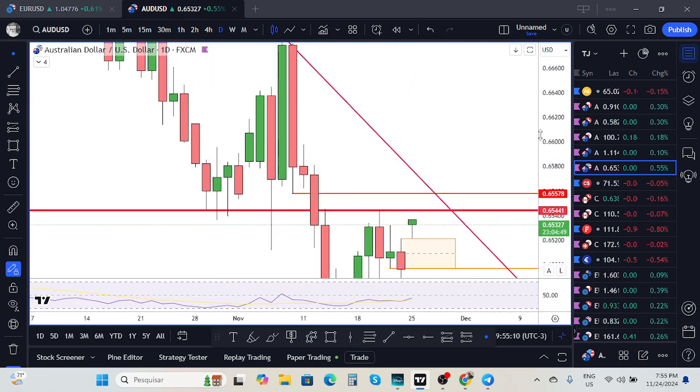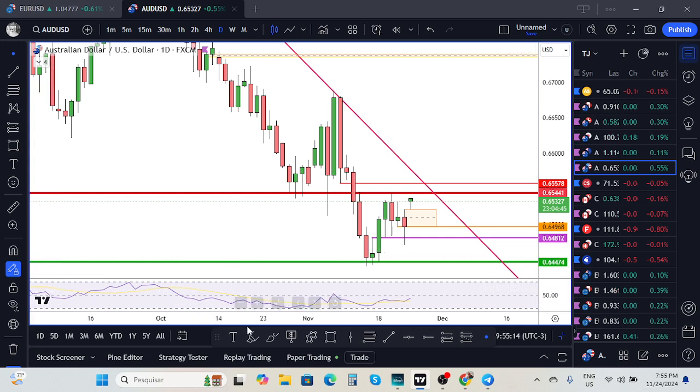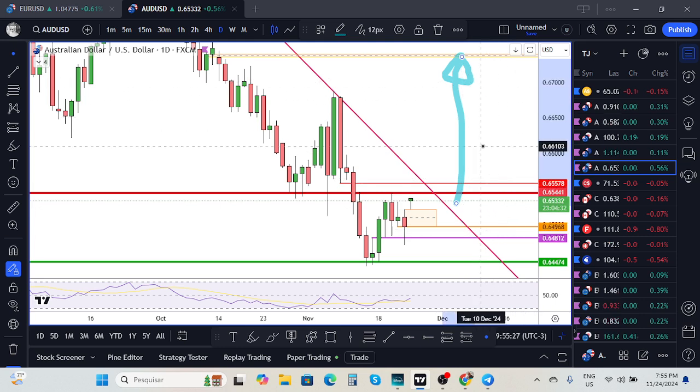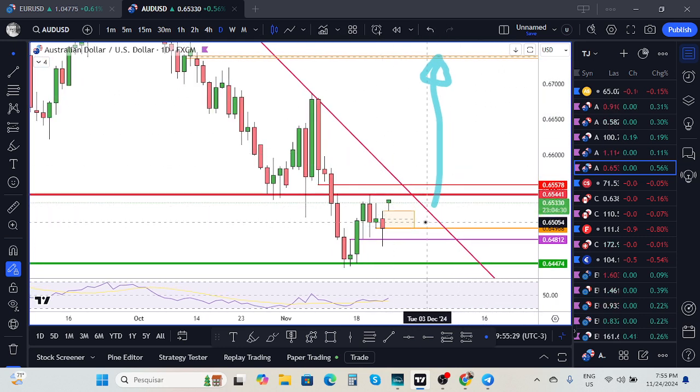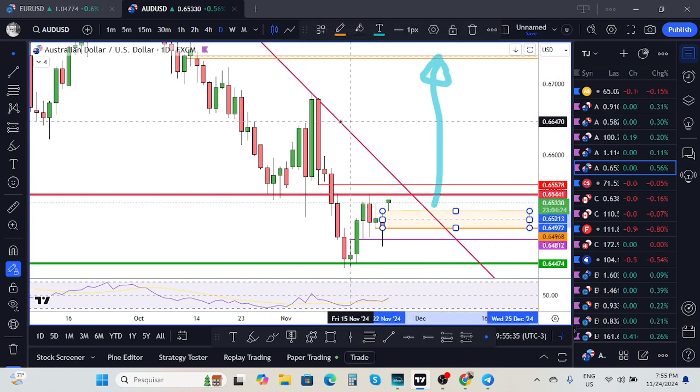Or maybe the market has to go all the way up right here before it reverses to the downside again. We don't know, but these are my own opinions. So this area hopefully is going to become a demand zone in the nearest future if the market does not return to retest it before it goes all the way up.